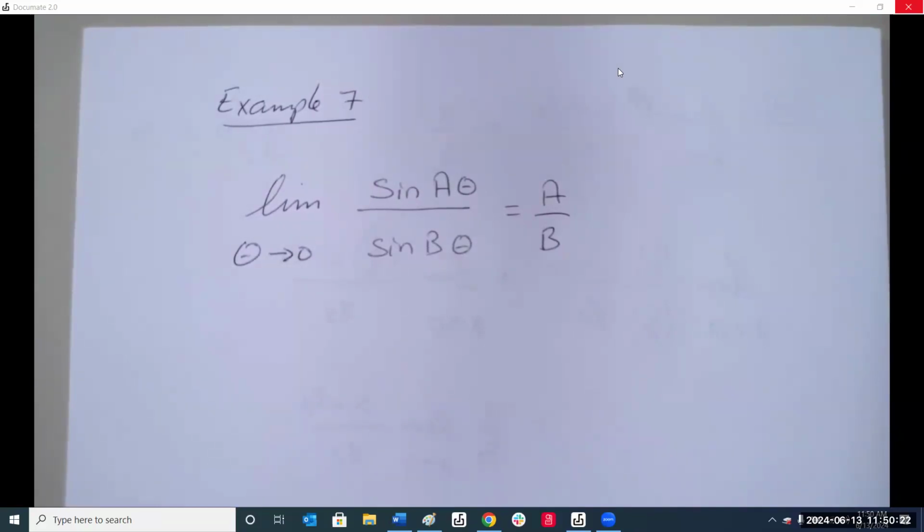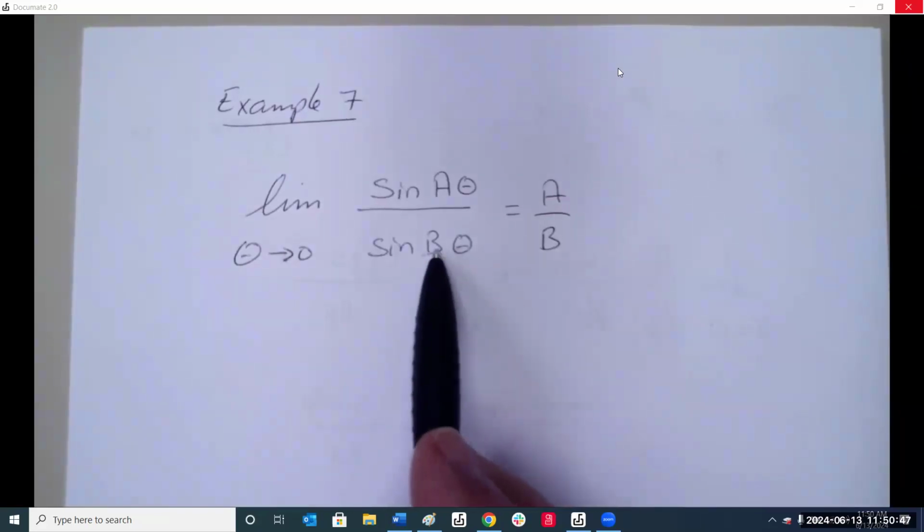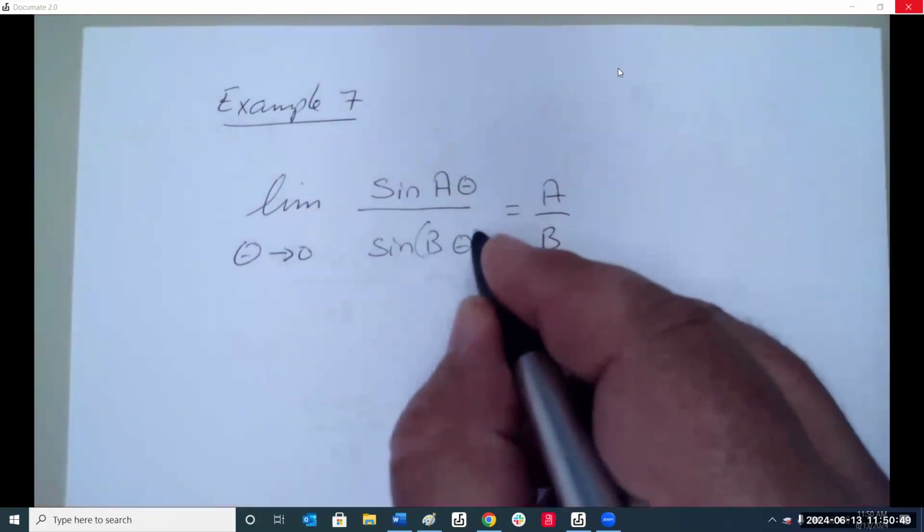So what do you think we have to do here? Same thing, move over. I mean, we can't separate these. This is the angle.